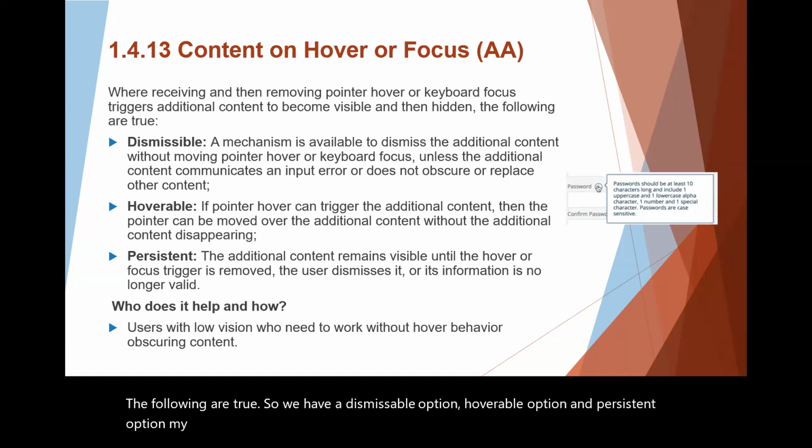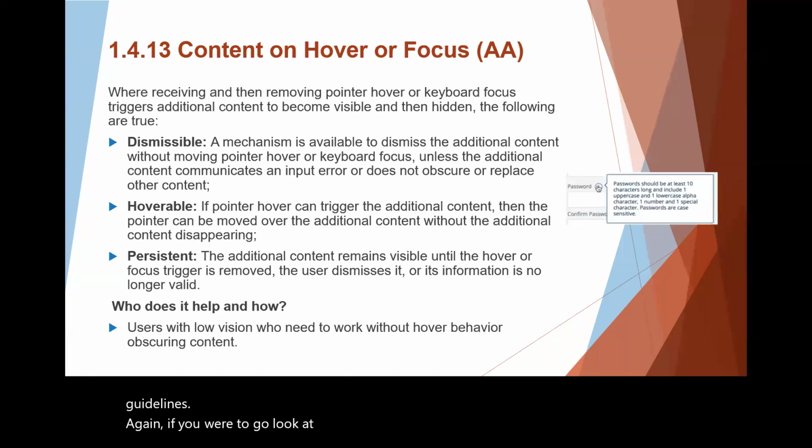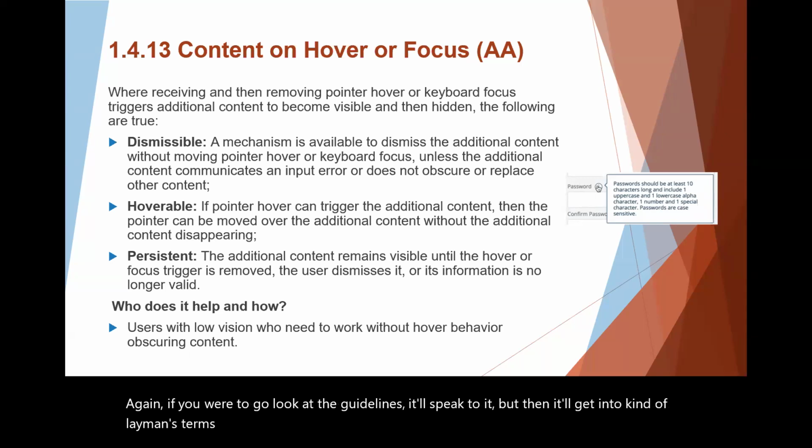My next screen is going to go into the language of the guidelines. If you were to go look at the guidelines, it'll speak to it, but then it'll get into layman's terms, and I'm including those layman's terms. Users with low vision who need to work without hover behavior obscuring content.